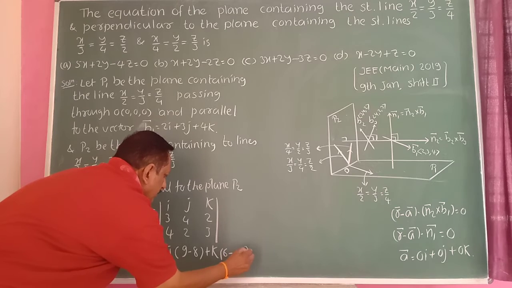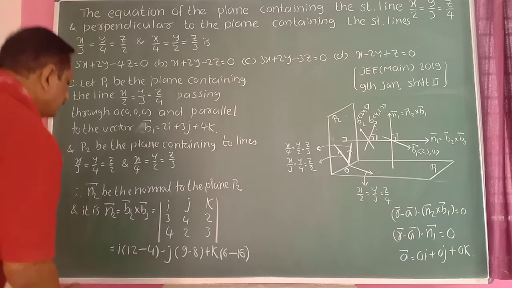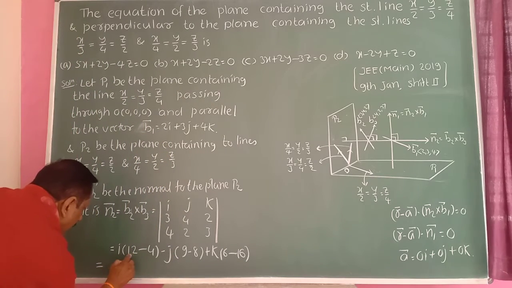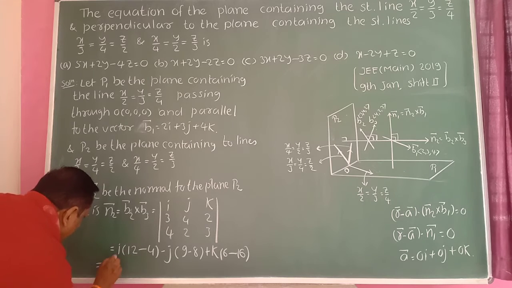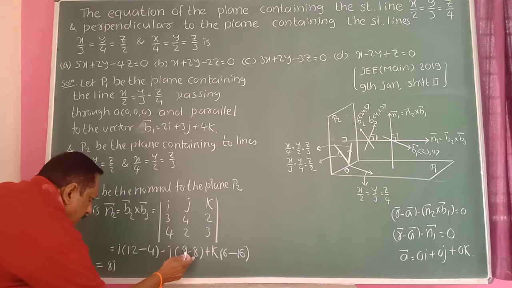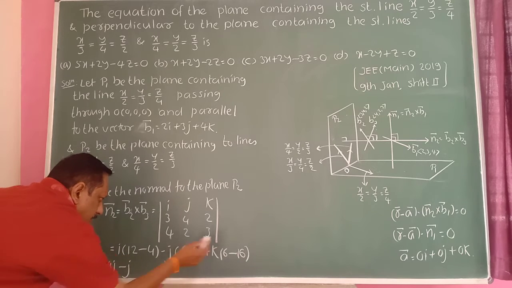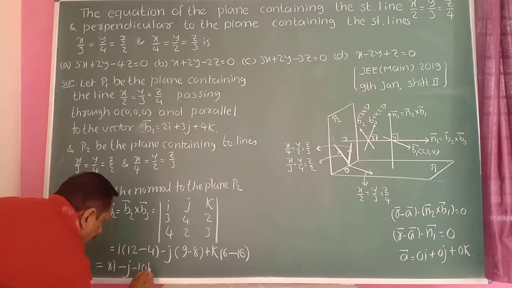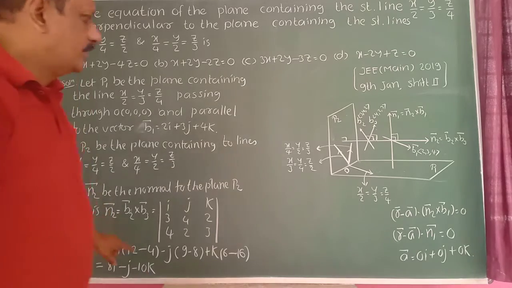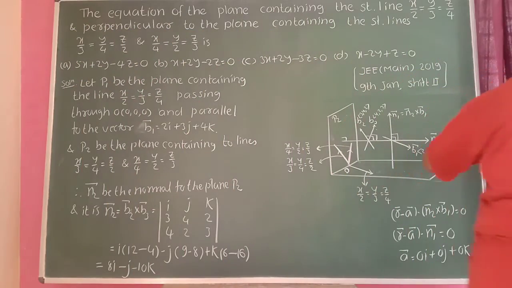Therefore this is equal to 12 minus 4 is 8, so 8i, 9 minus 8 is 1, minus j, and 6 minus 16 is minus 10k. So this is n2 bar.